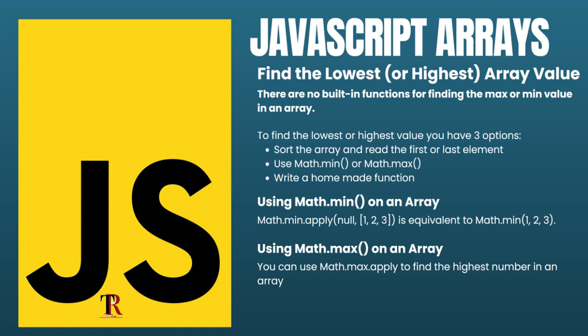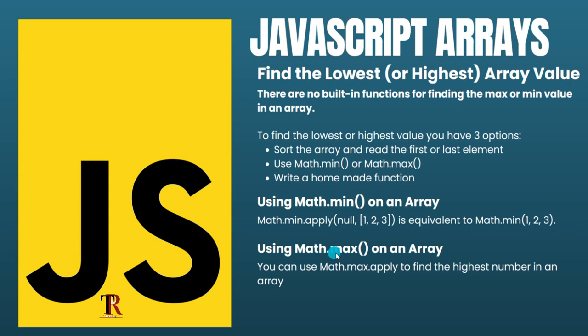Which means the arguments require two things. The first, which is null, and the second is the array. But the first one, where you can see null, is optional. And that is why this is equivalent to this. You can see that the null has been removed, and even the square bracket that shows this is an array has been removed. So JavaScript understands and will interpret it correctly.